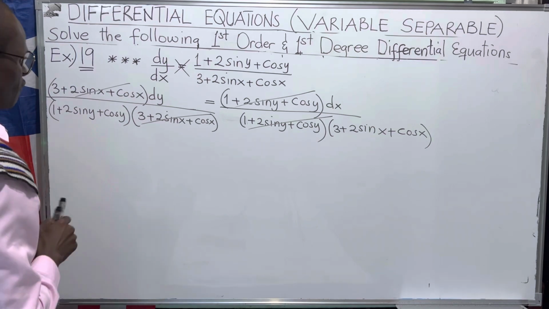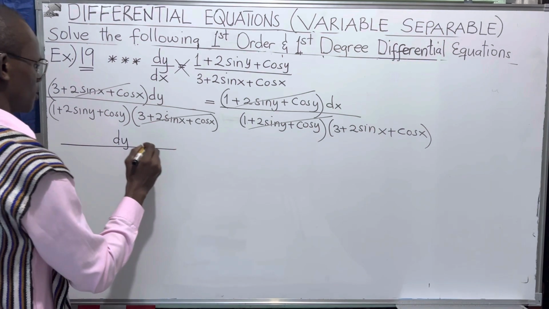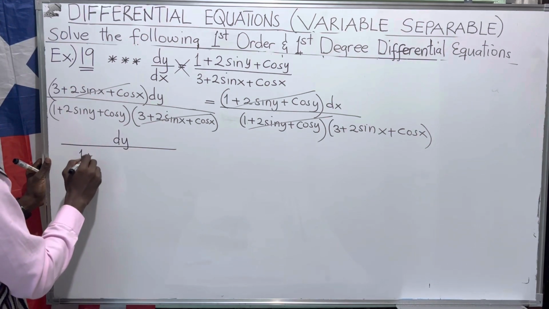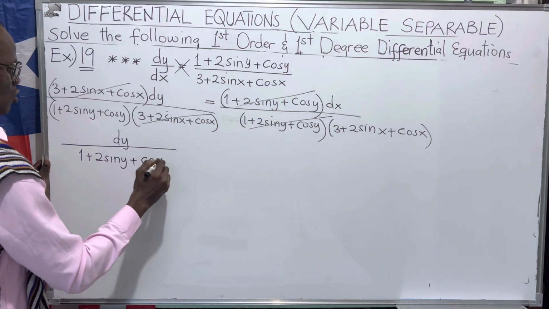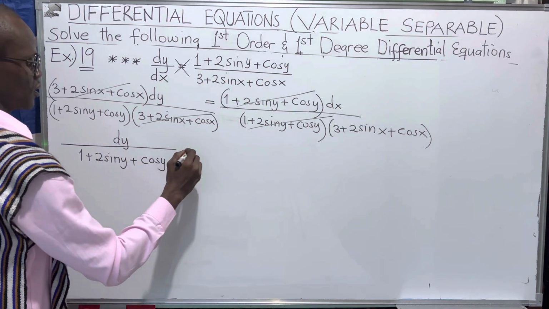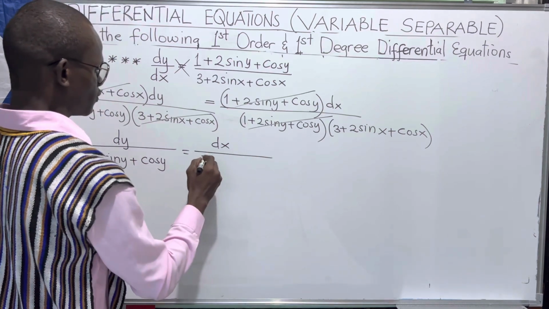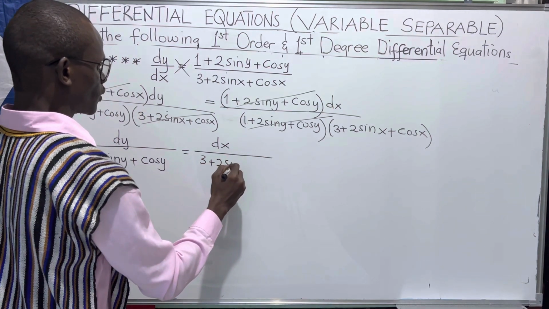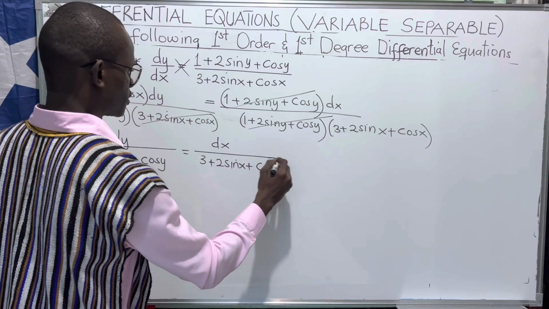So we will now have dy all over 1 plus 2 sine of y plus cos of y equals dx all over 3 plus 2 sine of x plus cos of x.